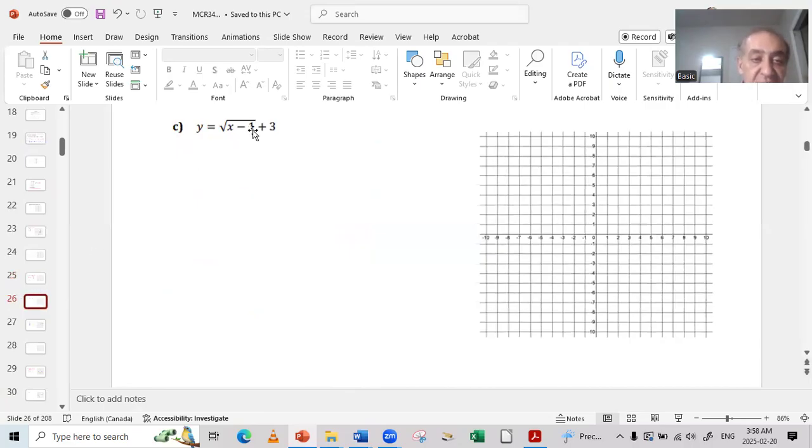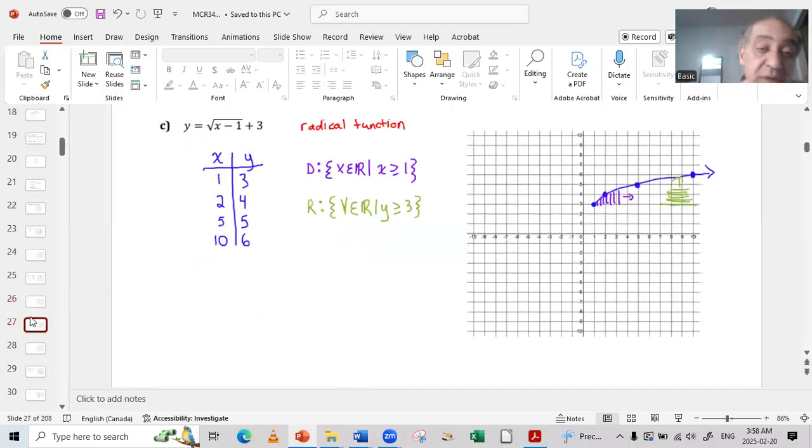This is another example. We'll go to the next one. This example is a radical function, which means there are roots here. Same idea, same everything, but the x here is under the root. So here we will also assume values for x, then check the values of y.